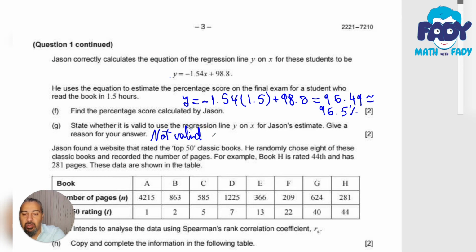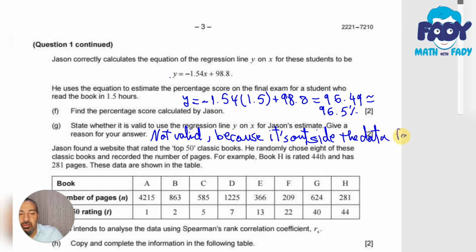And whenever we say it is not valid, it is because it is outside the data range given. Okay, so this is the reason.